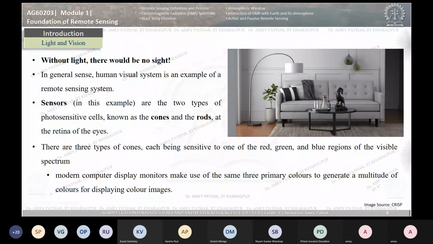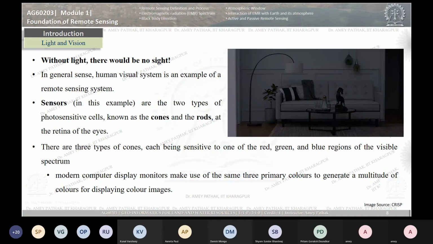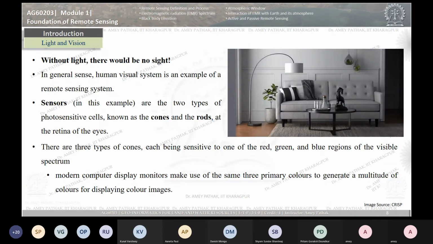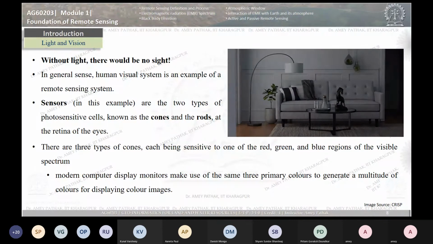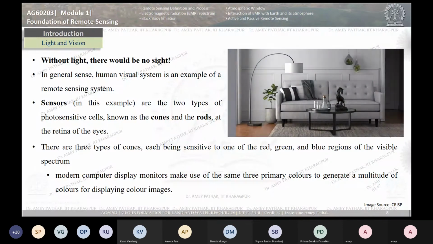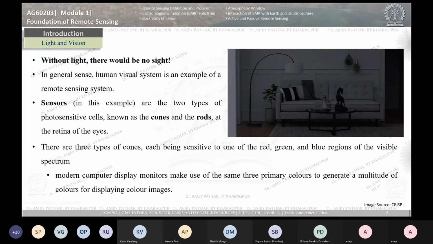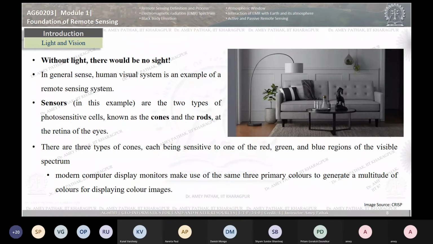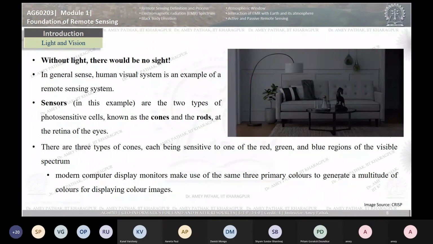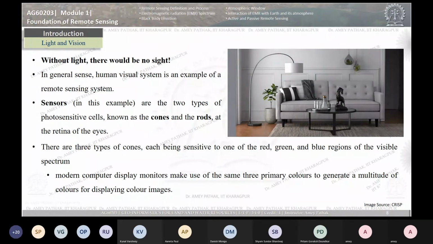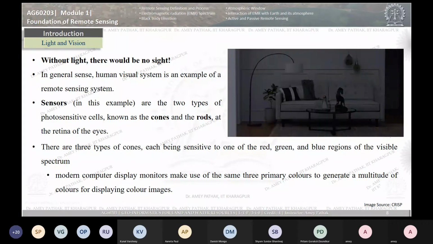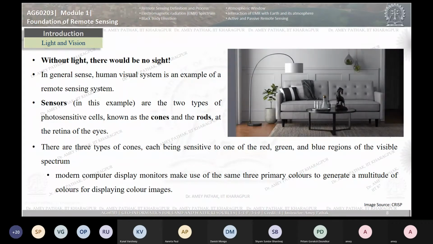Our human visual system is also an example of remote sensing. When we are looking at any object, we are actually doing remote sensing. For that, we have some special sensors in our eyes, the cones and rods. We can call them the sensors, or photosensitive cells.